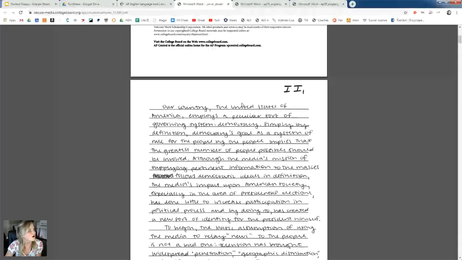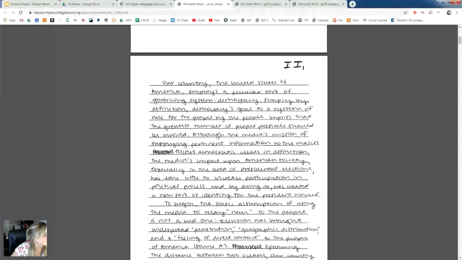Our country, the United States of America, employs a peculiar sort of governing system, democracy. Simply by definition, democracy is good as a system of, blank, for the people, by the people, implies that the greatest number of people possibly should be involved.